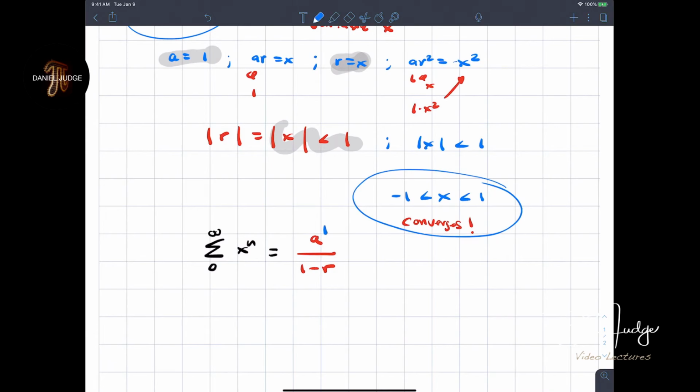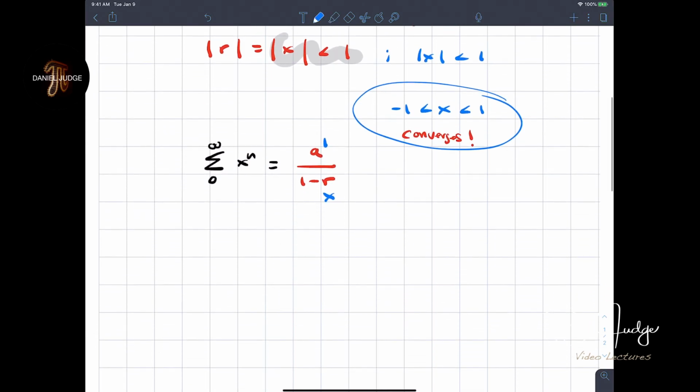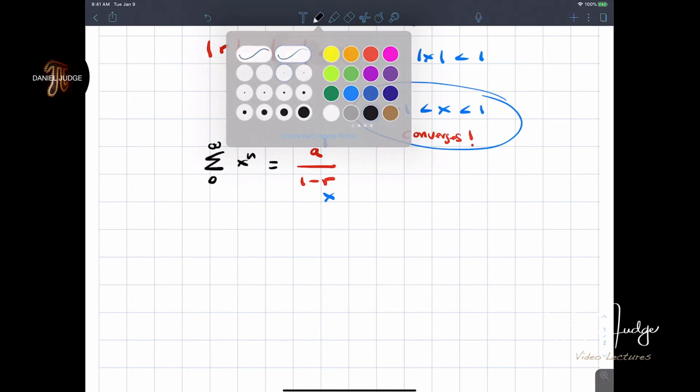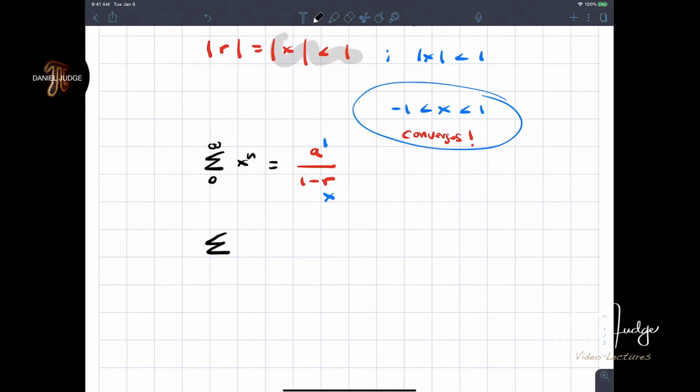So our power series of infinite terms, the sum from n equals 0 to infinity of x to the n, becomes 1 over 1 minus x. And that's where we're at here.